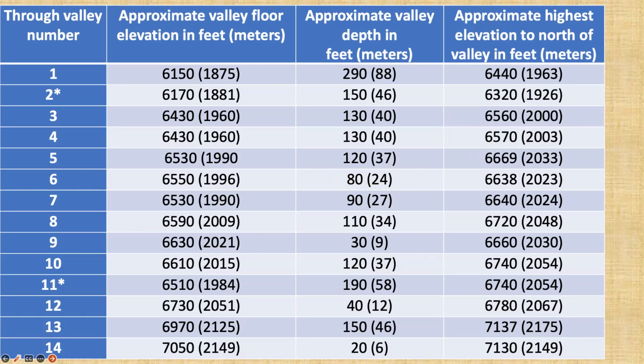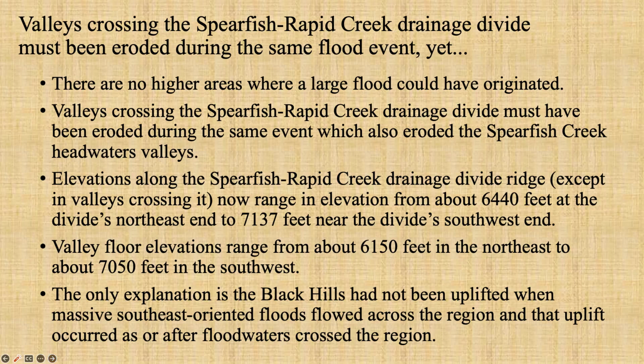And the difference in elevation here is probably a difference that was created by uplift that has occurred since the drainage divide was formed. Now, I want to emphasize there are no higher areas surrounding this region where a large flood could have originated. What I've shown you is evidence for a huge flood that crossed the highest Black Hills region.